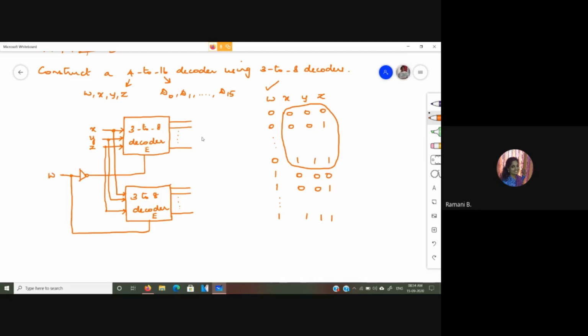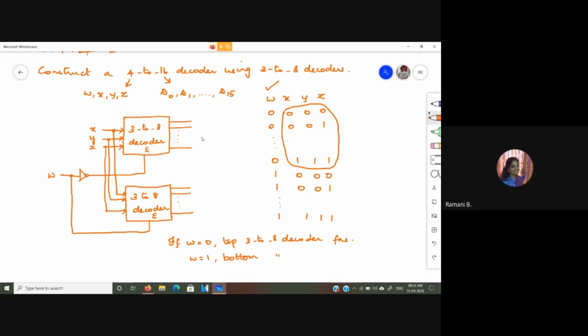So this is my W. So here, if W is equal to 0, the top 3 to 8 decoder functions as decoder as such, and when W is equal to 1, the bottom decoder functions.